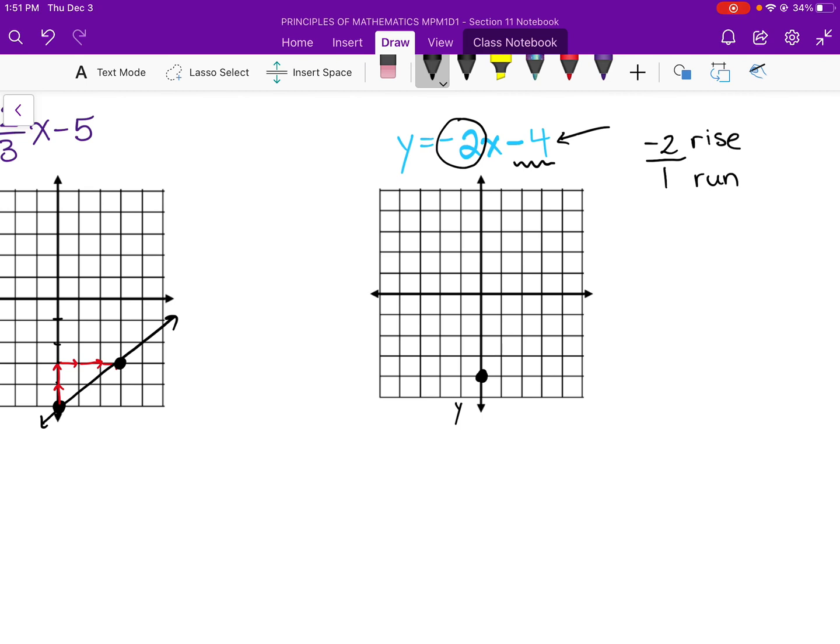Okay, if it's -2, how is that going to change your line? Like, how are you going to get the next point?